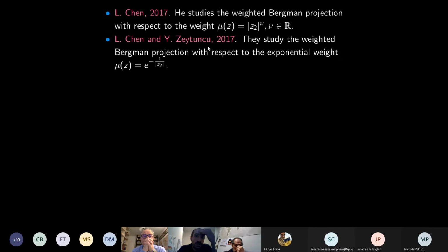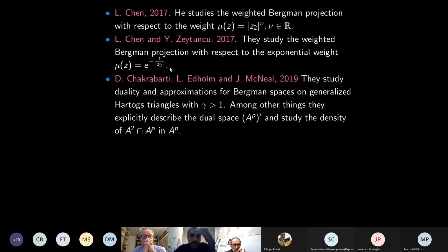Then Chen, jointly with Zeytuncu in 2017, studied the weighted Bergman projection, but this time the weight is an exponential weight, which is this one. So again, when we go close to the origin, this weight goes to 0 very fast. Chakrabarti, Needham, and McNeal, in 2019, studied duality and approximation for Bergman spaces on generalized Hartogs triangles when gamma is greater than 1.